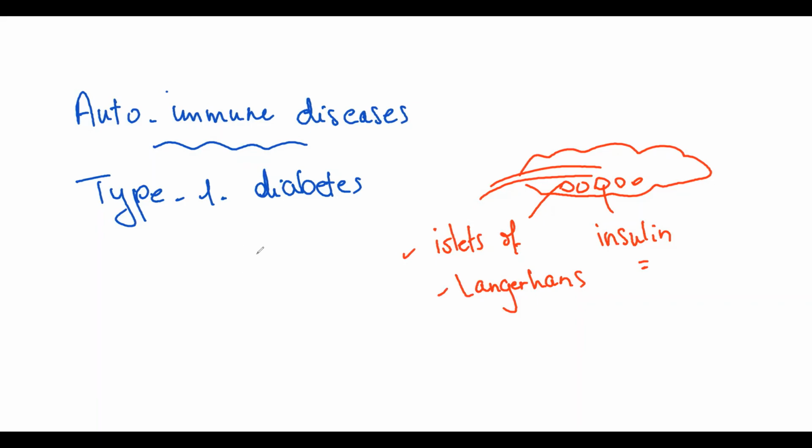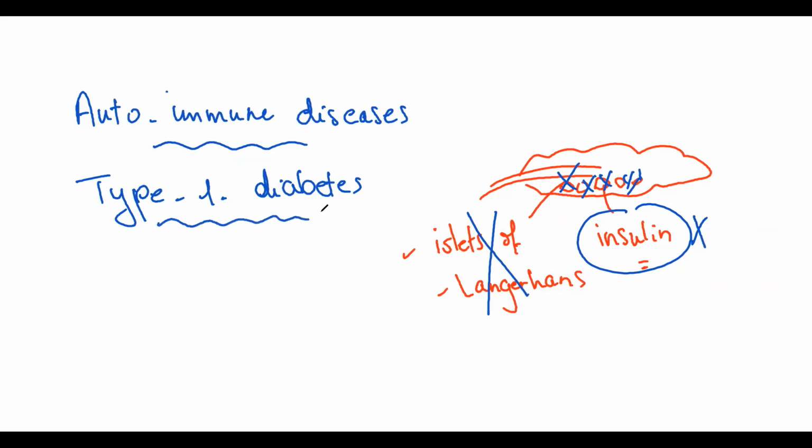If this person is having an autoimmune disease, these cells, the islets of Langerhans, are going to be attacked and destroyed by the immune system. This will lead to no insulin being produced, so this will result in this type of diabetes. And we say that these patients are insulin dependent.